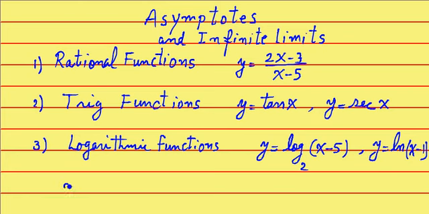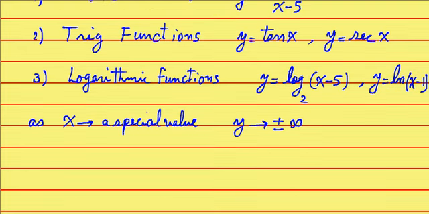So as x approaches a special value, y goes to either plus or minus infinity, or perhaps both of these things are going to occur on either side of the special value. Let's go ahead and take a look at this. So I'll go back to the example of rational functions first.